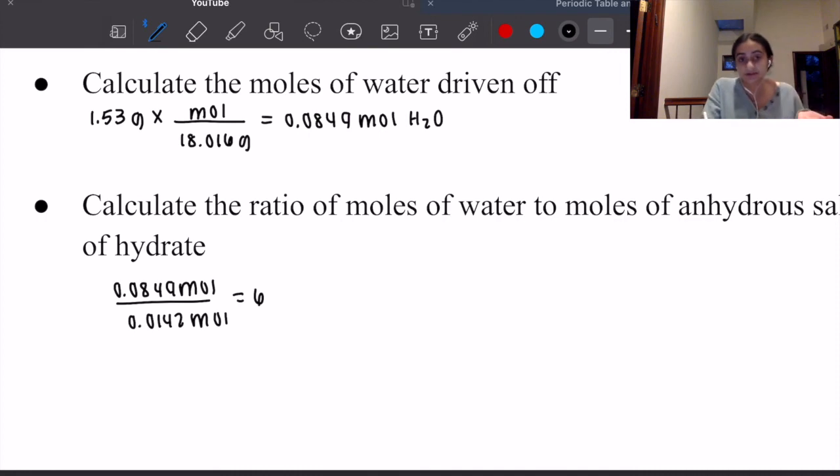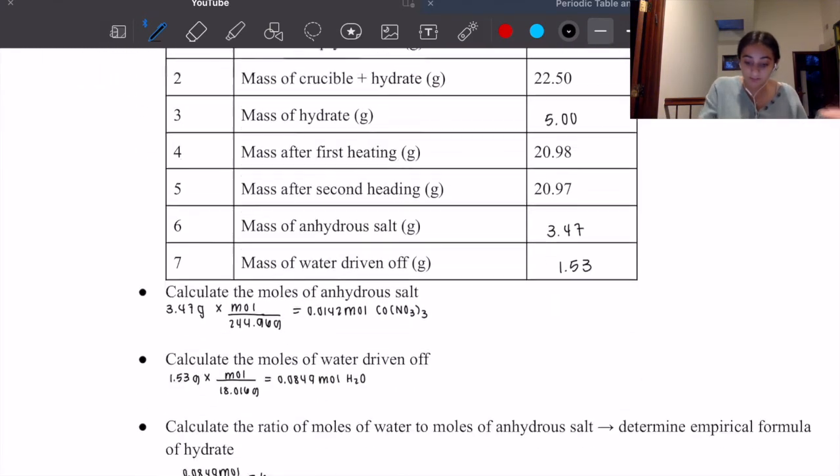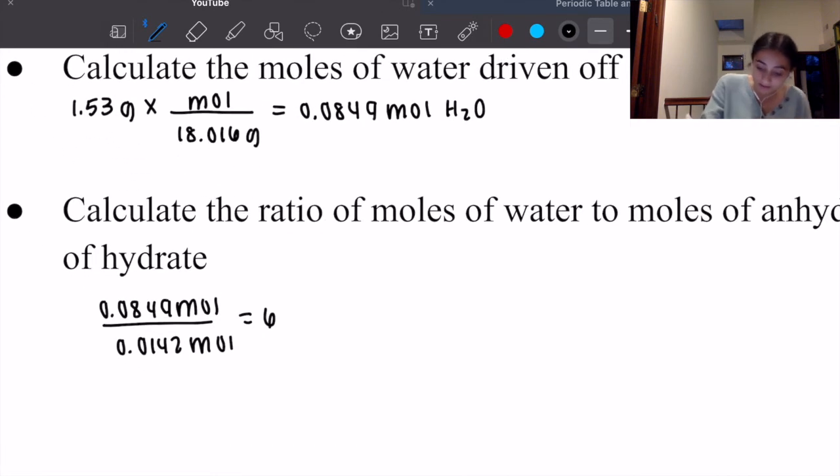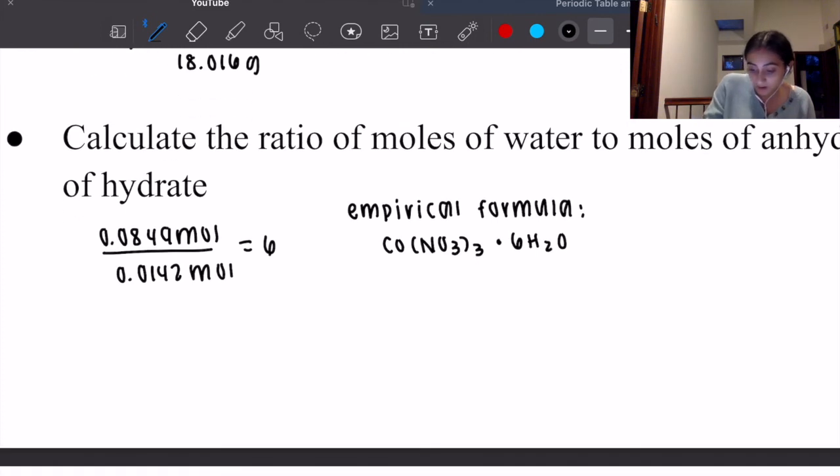That means that there are 6 water molecules per cobalt(III) nitrate molecule. So then our empirical formula is going to be Co(NO3)3 times 6H2O, which would be written as cobalt(III) nitrate hexahydrate.